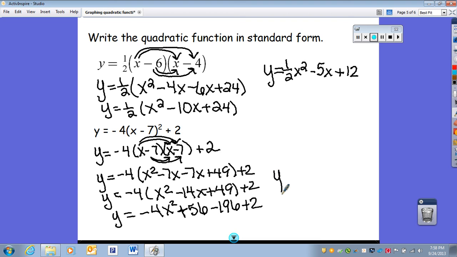So when we combine like terms, we're going to have -4x squared plus 56x, and then -196 plus 2 will be -194. This is taking our quadratic function that is written in vertex form and writing it into standard form.